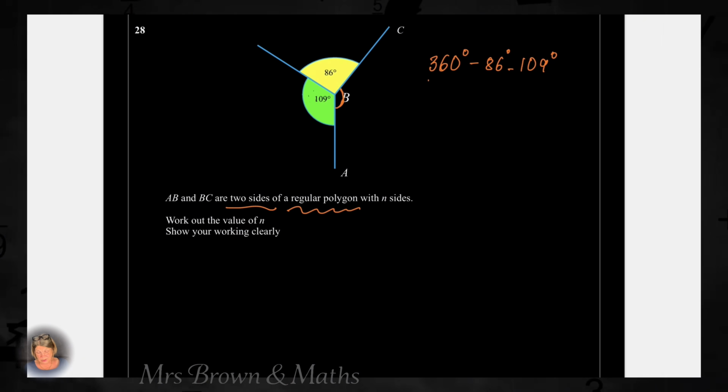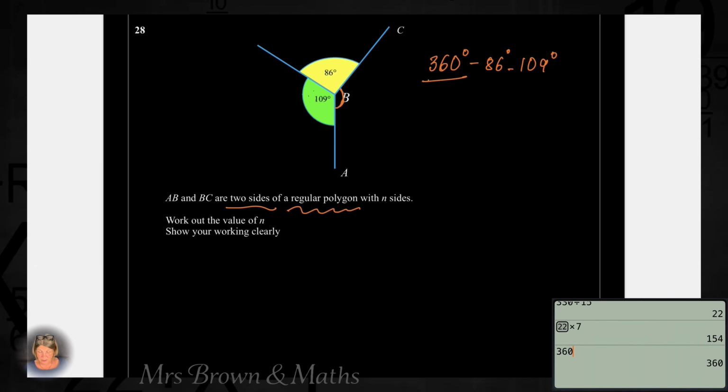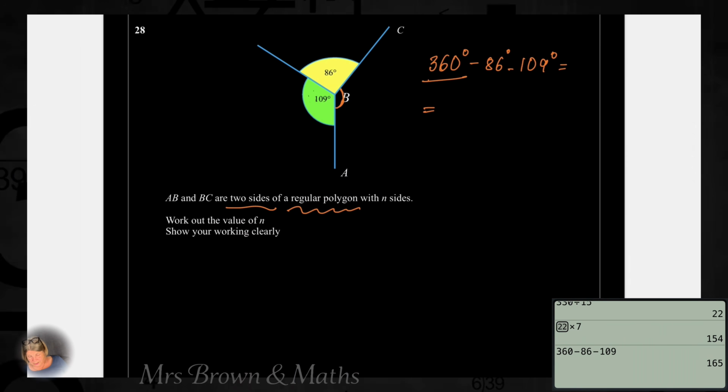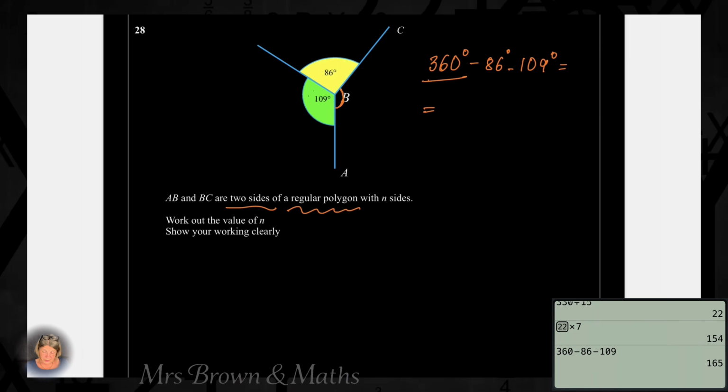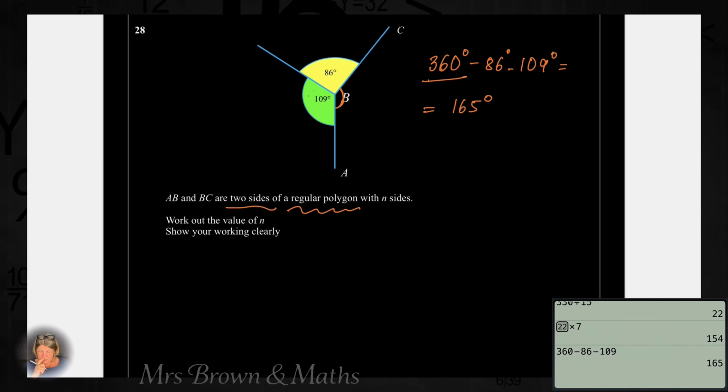If the examiner says 360, you get your mark. So 360, take away 86, and take away 109, which is 165 degrees.